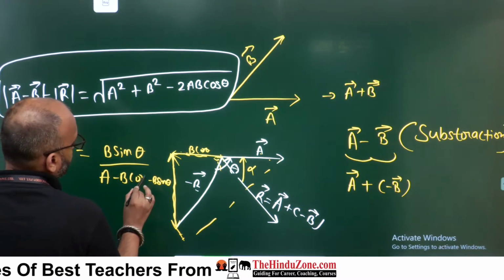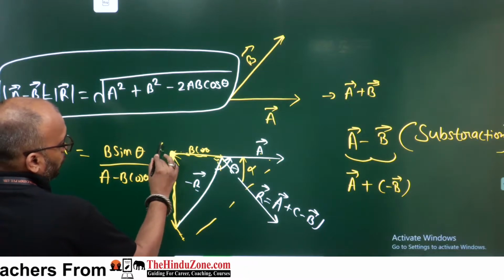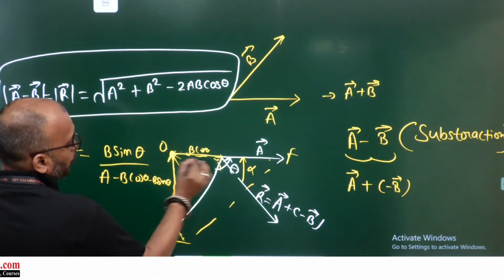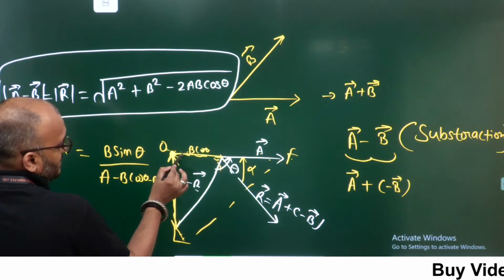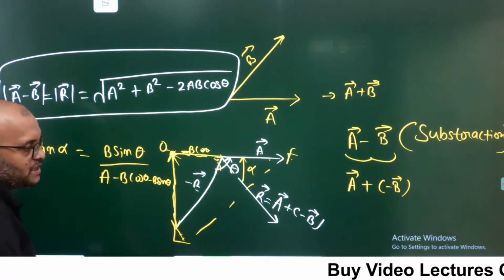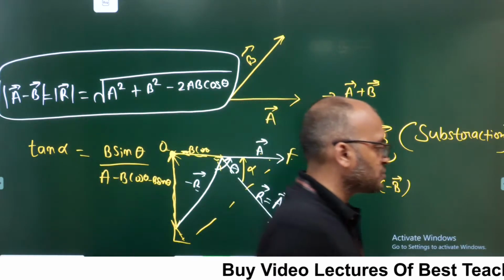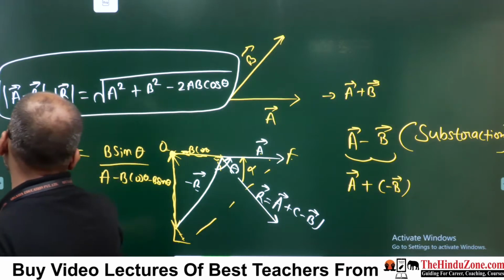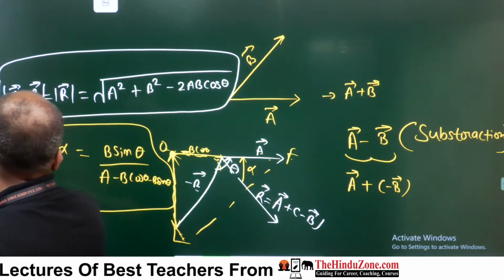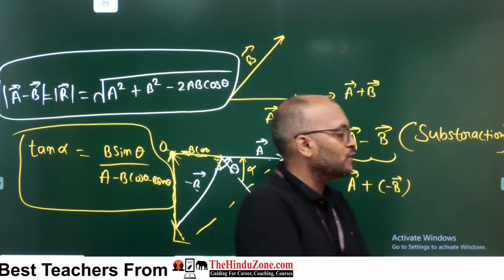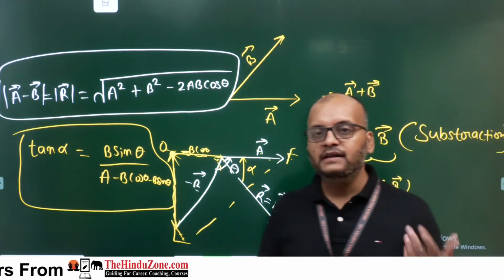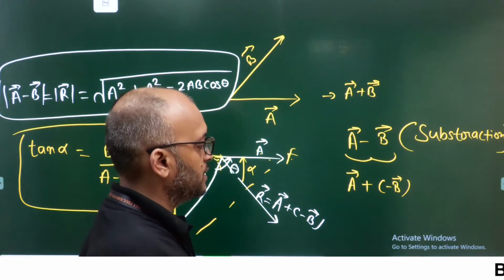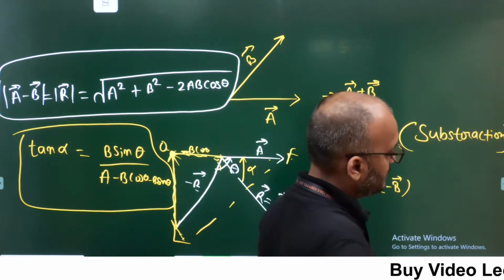Yes or no? Of this triangle, let me call it OFL. Look at triangle OFL. OF is the base. So A, and this is minus B cos theta. So A minus B cos theta will come in the denominator. So that's tan alpha. Understood or not? Everyone, is it clear? I have done it yesterday, that is why I am doing it in short. If you still did not get it, please ask me, I will explain it again or I will solve it properly. But I have done it yesterday. Got it, sir.